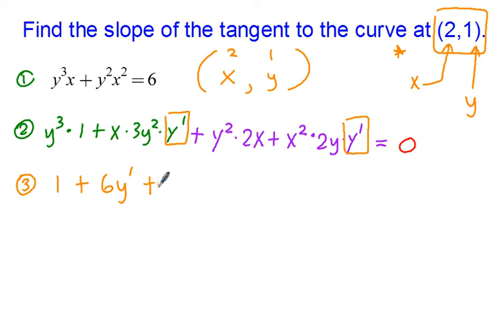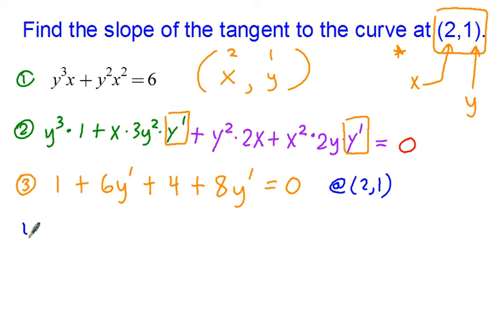Let's see, 1 squared times 2 is 4. 2 squared is 4 times 2 is 8 times 1. Okay, and so now we've got a formula for the slope at the point (2, 1). That's what equation 3 is doing.